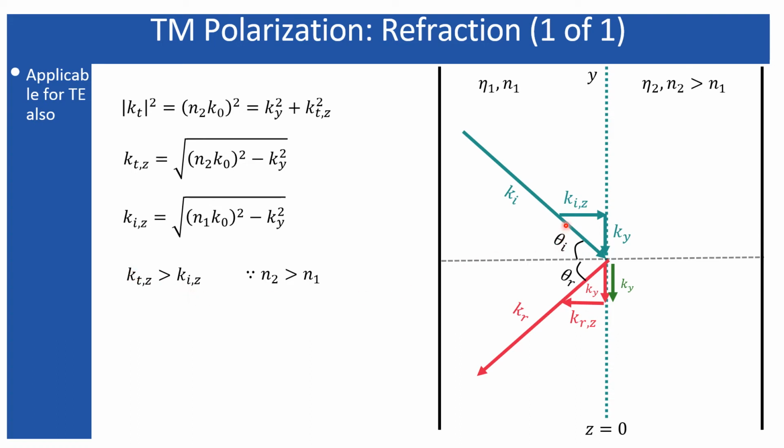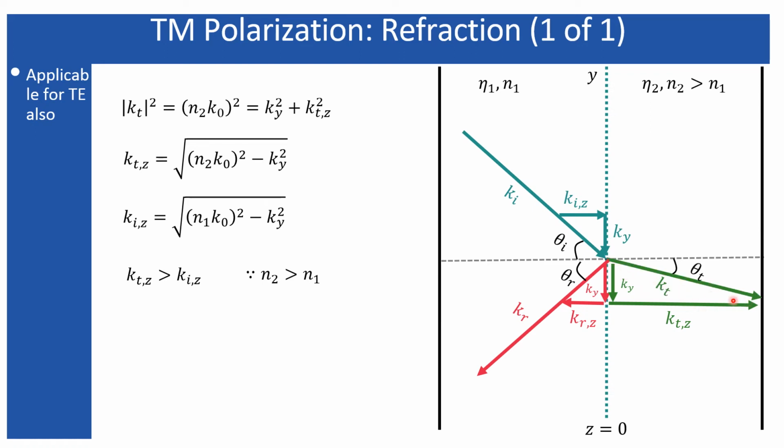So if this short vector represents the z component of the incident wave, a comparatively larger vector should represent the z component of the transmitted wave, and the resulting vector will represent this transmitted wave.